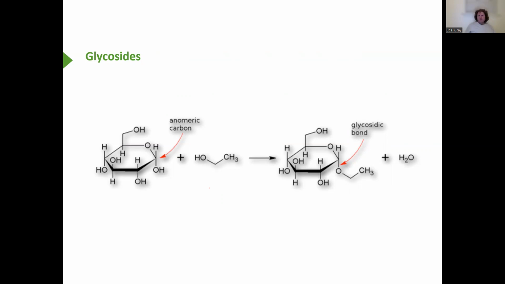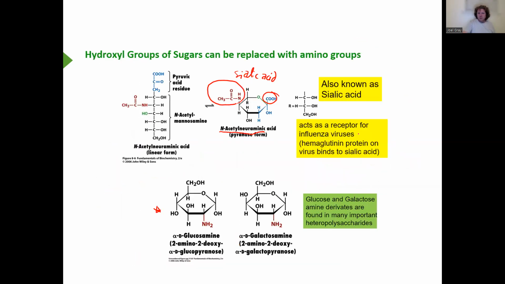Here, for instance, we have methanol, or ethanol actually, as it would be, ethanol being added to an anomeric carbon, resulting in this right here, more importantly, forming what's known as a glycosidic linkage or a glycosidic bond. Now, with that in play, we have a product of H2O that's released.